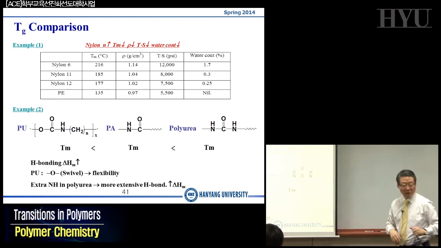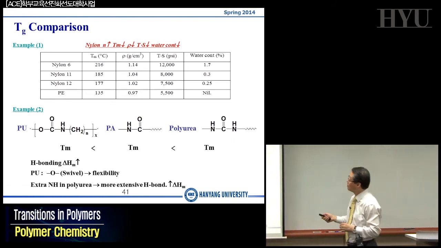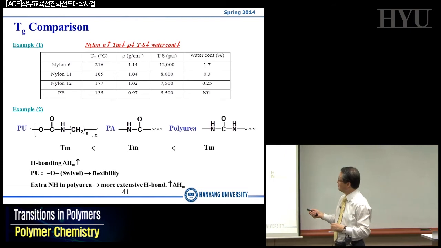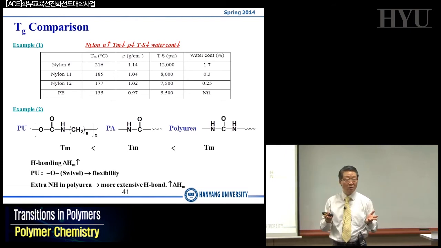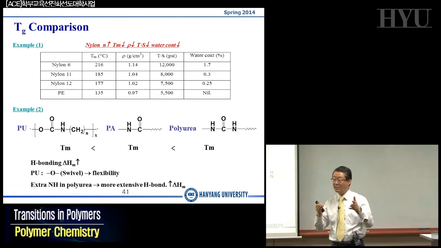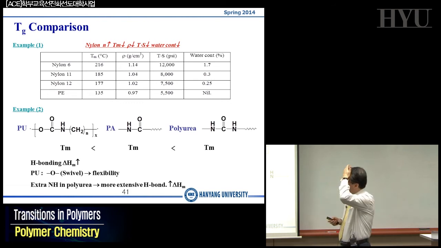So the melting temperature decreases as you increase your number of nylons, because of the less hydrogen bonding due to the low number of carbonyl groups and NH groups within a given length, right?